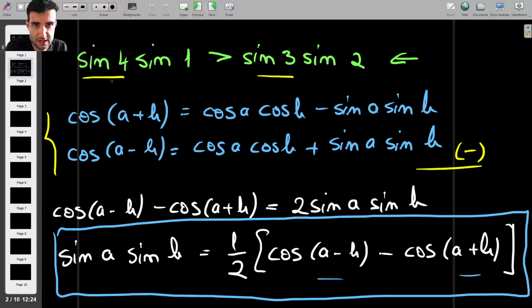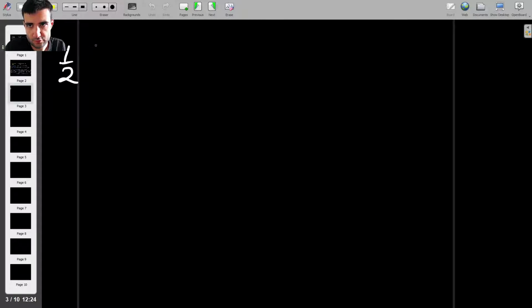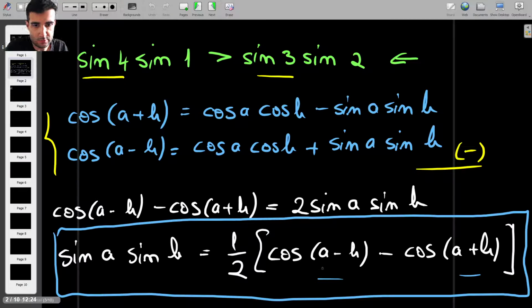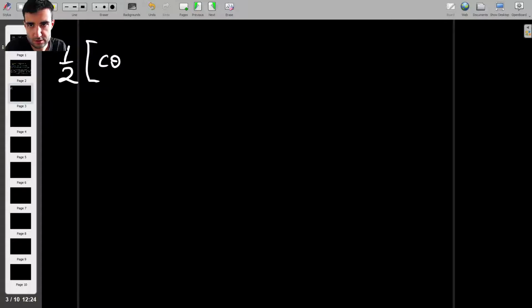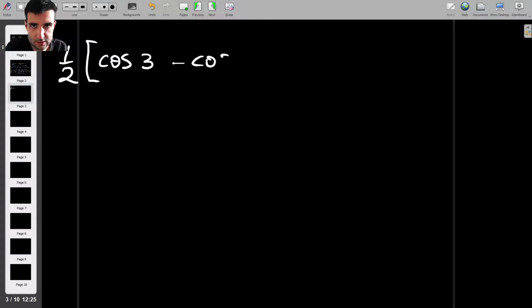So instead of sine 4 sine 1, I'm going to write 1/2, and then square brackets. Then we have cosine of a minus b, so that would be cosine of 4 minus 1, which is cosine of 3. And then minus cosine of a plus b, so that's minus cosine of 4 plus 1, which of course is minus cosine of 5 degrees.